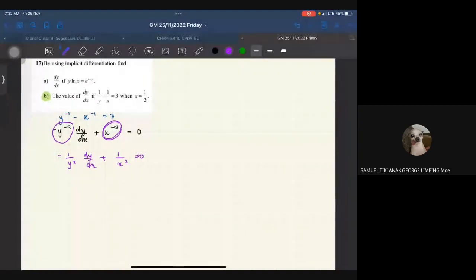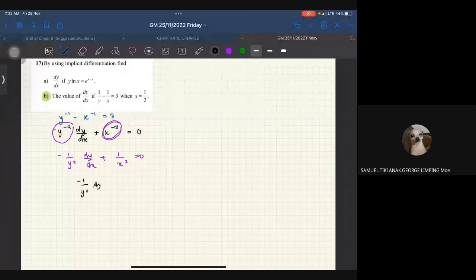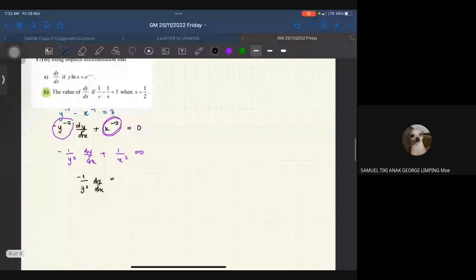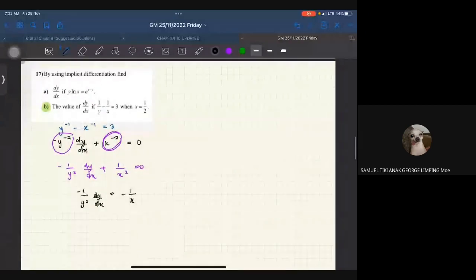Okay, so pindahkan yang mana tak ada kaitan dengan dy/dx. So saya dapat 1 over y squared dy/dx equals to negative 1 over x squared. Okay, sebab dia positif dekat sebelah kiri, pindah kat sebelah kanan, dia jadi tolak lah.